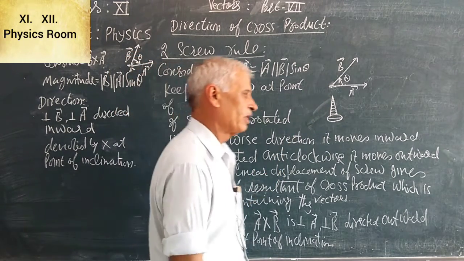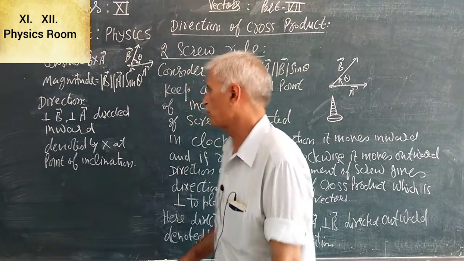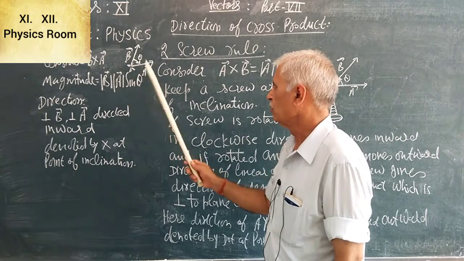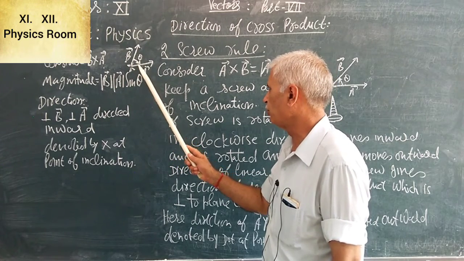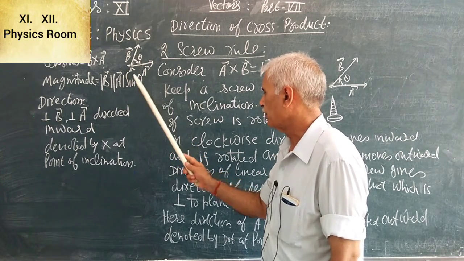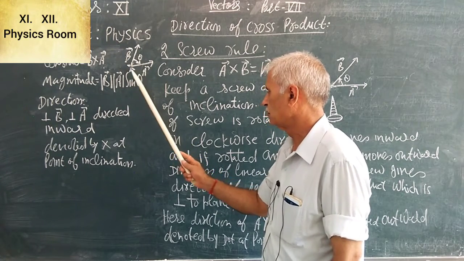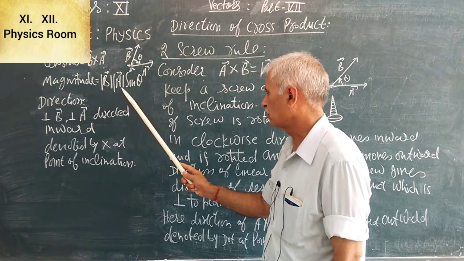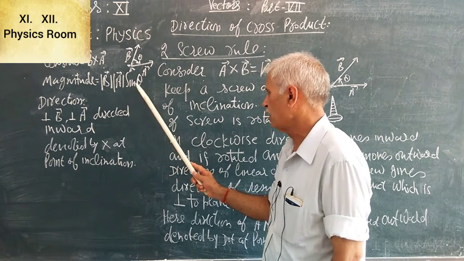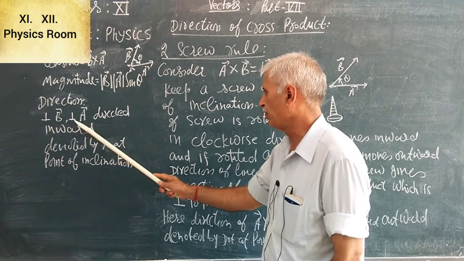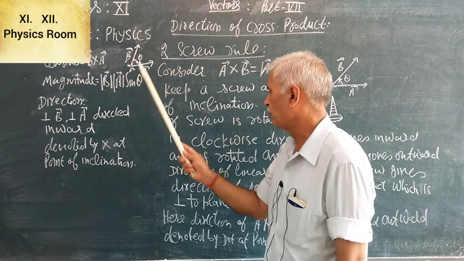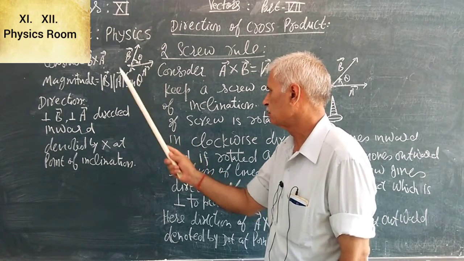Similarly, if we take the cross product as B cross A, B cross A means we move from B to A. We rotate the screw from B to A in clockwise direction. So this is the magnitude of the cross product B cross A, mod B mod A sin theta. And then the direction is perpendicular to B, perpendicular to A, directed inward, because here we rotate the screw in clockwise direction.